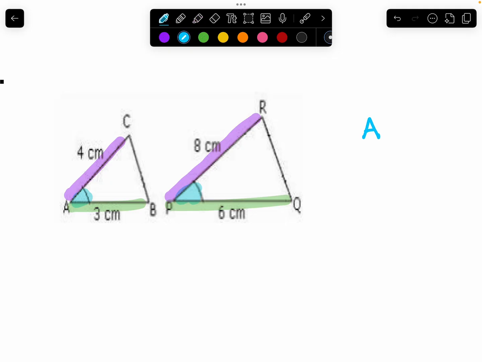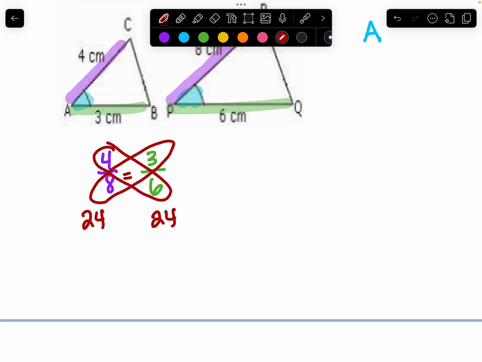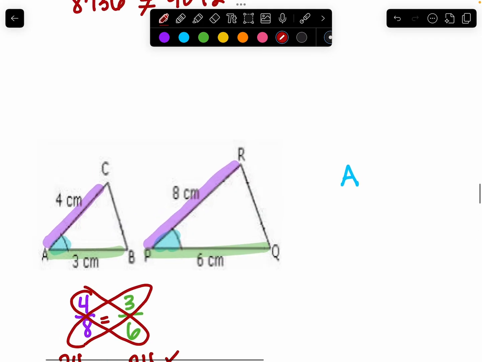So we want to check and see if the 4 over 8 is equivalent to the 3 over 6. So you can use cross product or you can simplify. It doesn't really matter. 24, 24. So yes, these are similar. And I already wrote my A right here. We also had the sides. So that's going to be side angle side similarity.